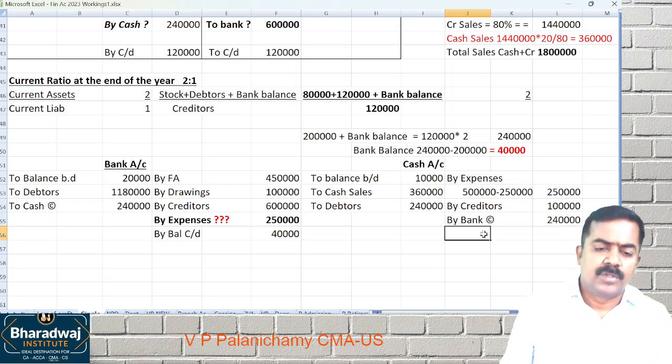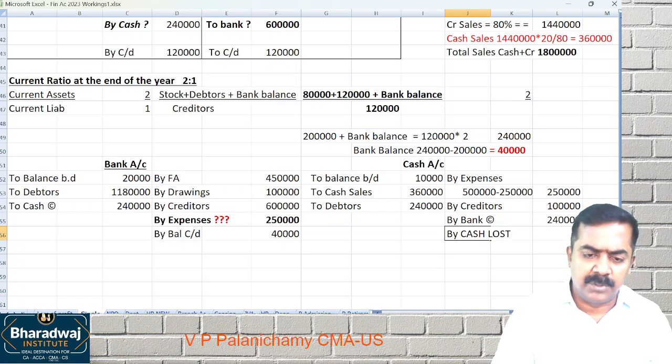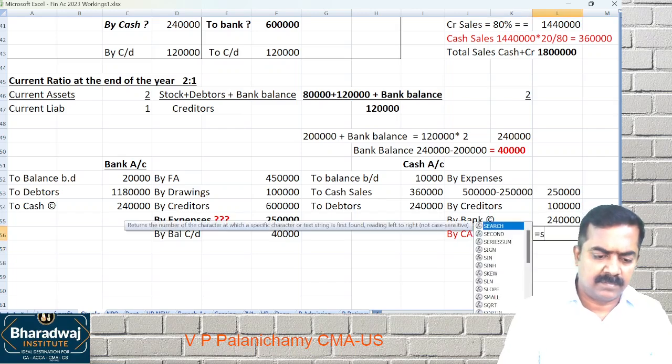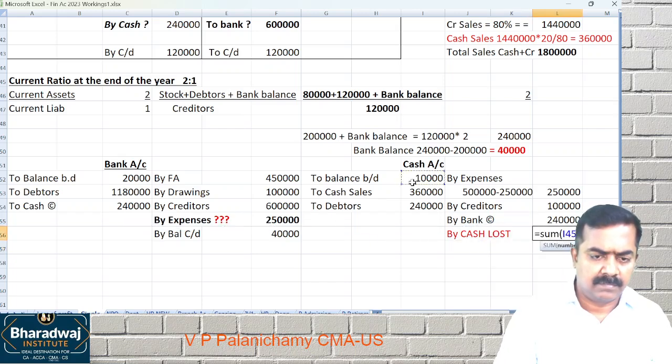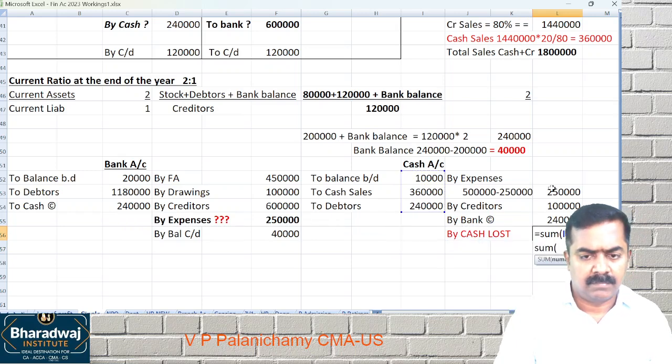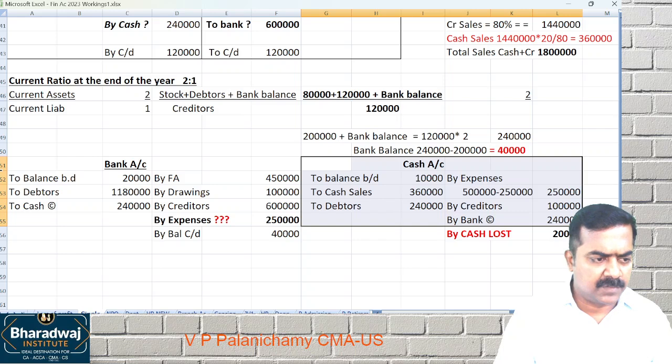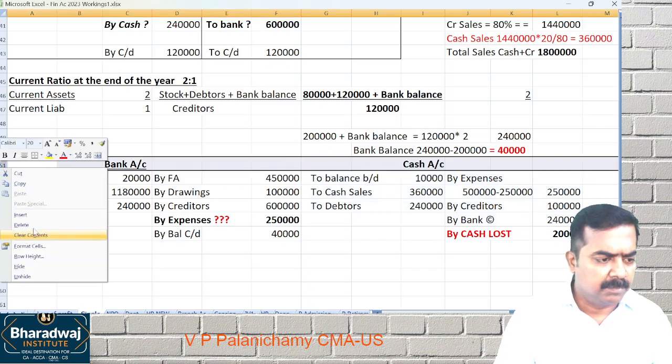No. So balance can be taken as what? By balance c/d கிடையாது. Cash lost. They ask you to take it as cash lost and charge it in which account? P&L account. This cash lost will be charged in P&L.